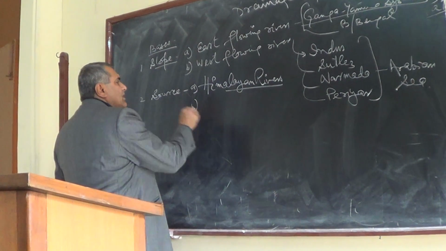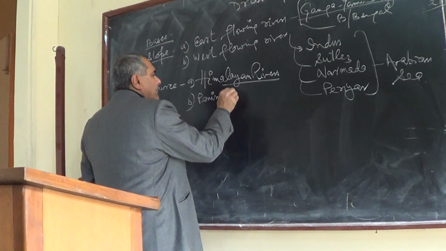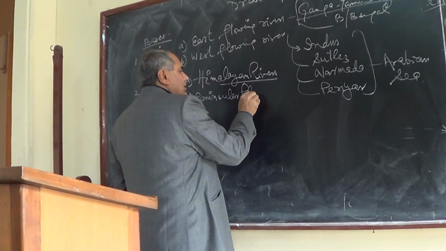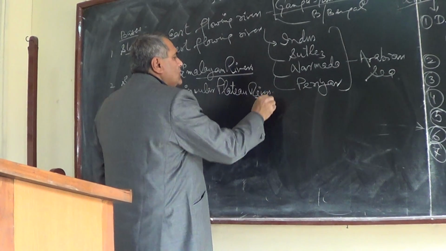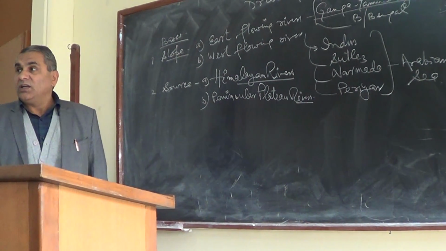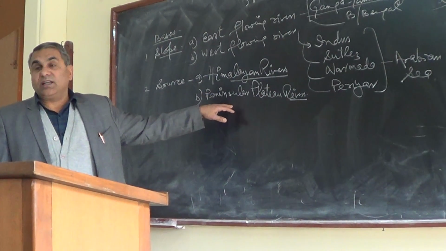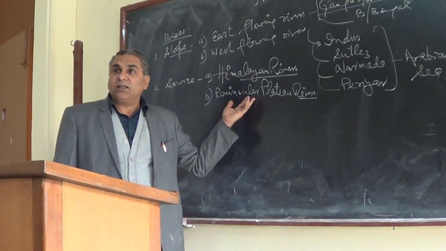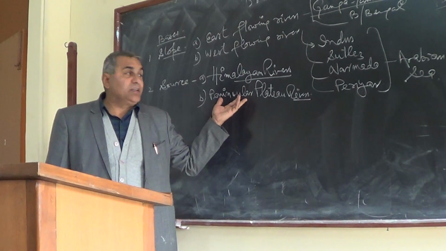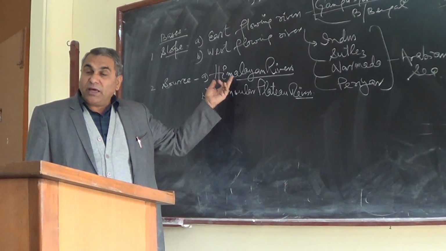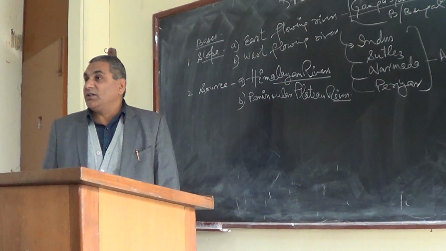And second is the peninsular plateau rivers. These rivers are altogether a different type. They receive water only during the rainy season. Most of the rivers here are seasonal, non-perennial rivers. Himalayan rivers are perennial, and there is a third type of river also, called the ephemeral river.